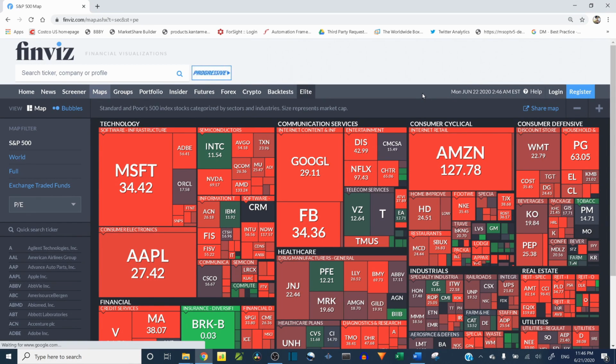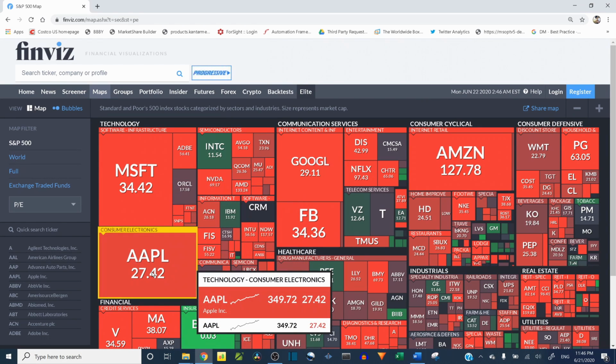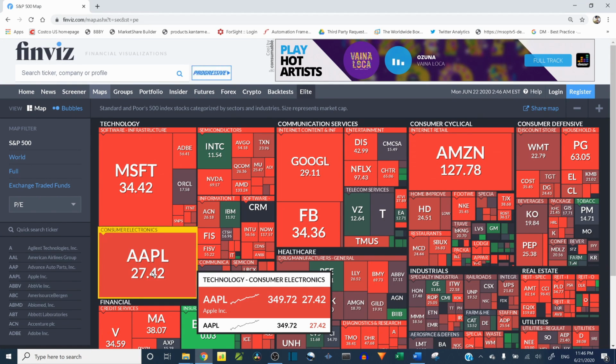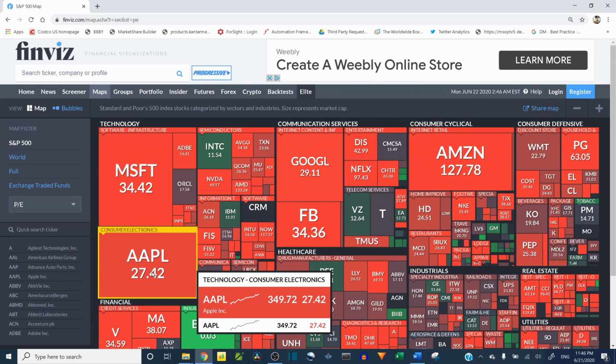The higher it is, generally speaking, the more overpriced the stock is. So if you take a look at Apple as an example, historically speaking, Apple has been around 12 to 20 PE until the last couple of years. And right now it's at 27 PE, which I feel like is a little bit high.